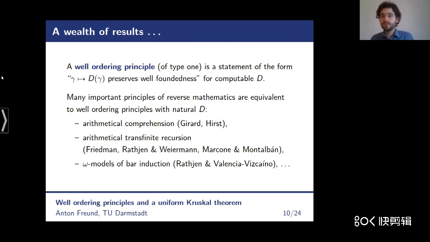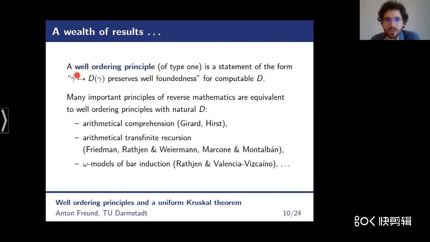Okay, so now after these specific results, I want to say a bit about the state of the literature and the broader picture. So a statement of this form here, some transformation of an order gamma into another order d of gamma preserves well-foundedness, where typically the transformation d is computable.